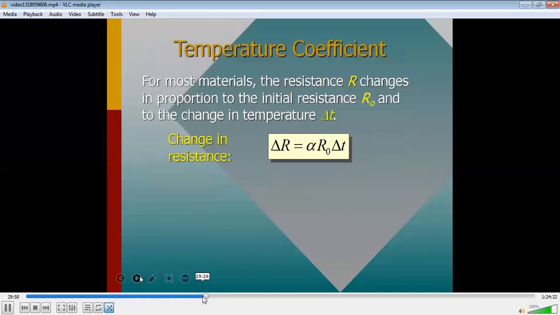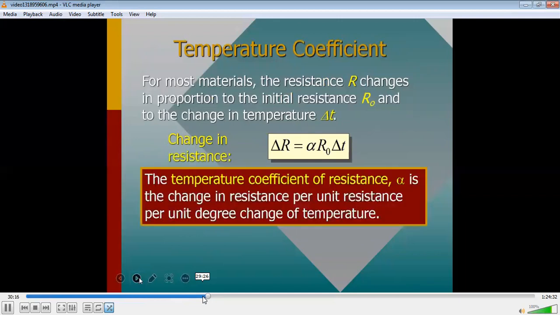Now, temperature coefficient. For most materials, the resistance R changes in proportion to the initial resistance R naught and the change in temperature del T, given by del R equals alpha R naught del T. This is the change in resistance. This is the formula for finding the temperature coefficient of resistance. The temperature coefficient of resistance alpha is the change in resistance per unit resistance per unit degree change of temperature.